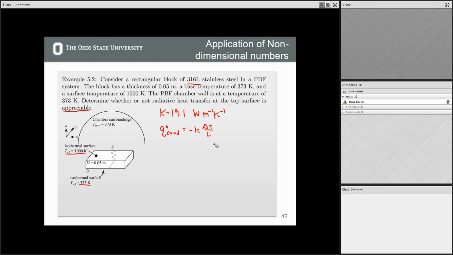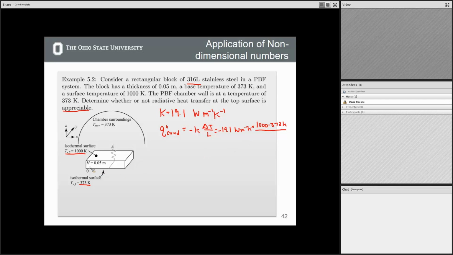So it's negative k delta T over L, I mean. And so this would be negative 19.1 watts meters inverse Kelvin inverse, times the difference in temperature, this would be 1,000 minus 373, over the distance traveled.